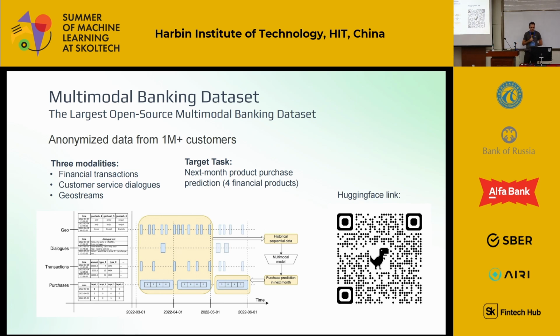Here are transactions, financial transactions, GeoStream, which is the geo points of places where this customer was at a specific time, and embeddings of dialogues of this customer with technical support. The target for this data set is purchase history.